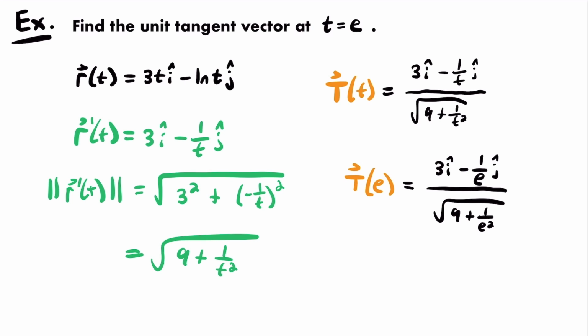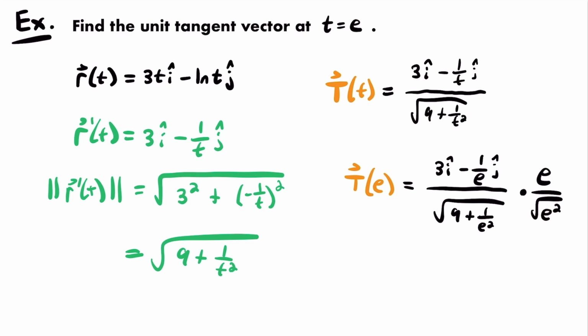Okay, and really you could leave your answer like that, but I am going to try to simplify it. I'm going to try to make it look a little bit nicer. Specifically, I'm going to multiply by a form of 1. Remember that you can always multiply by 1 because it doesn't change the value of what you're working with. So what I'm going to do here is multiply a form of 1 that looks like this. We'll have e divided by the square root of e squared, right?